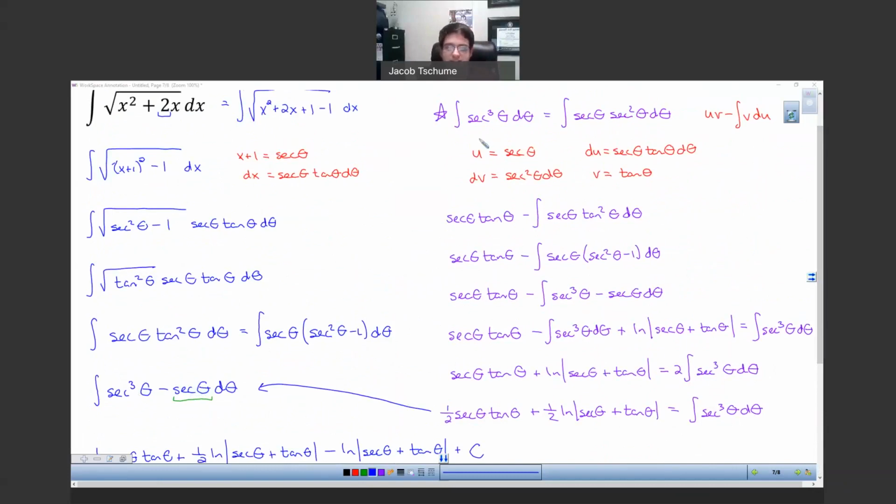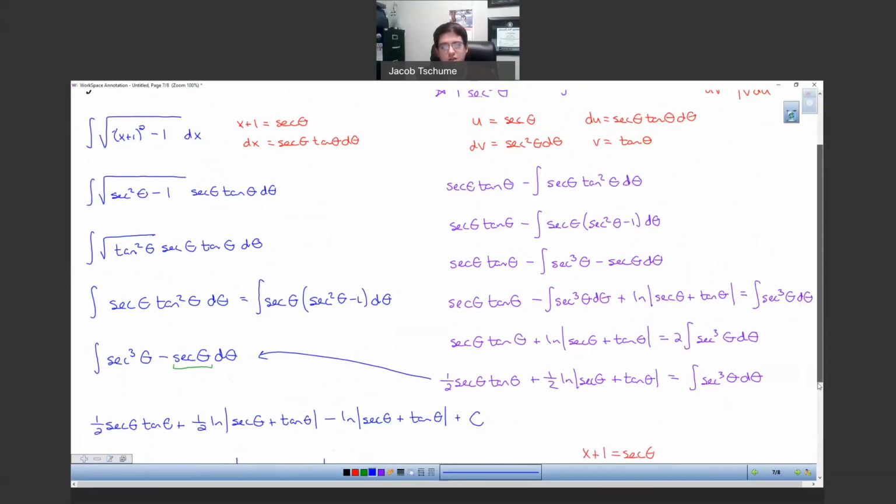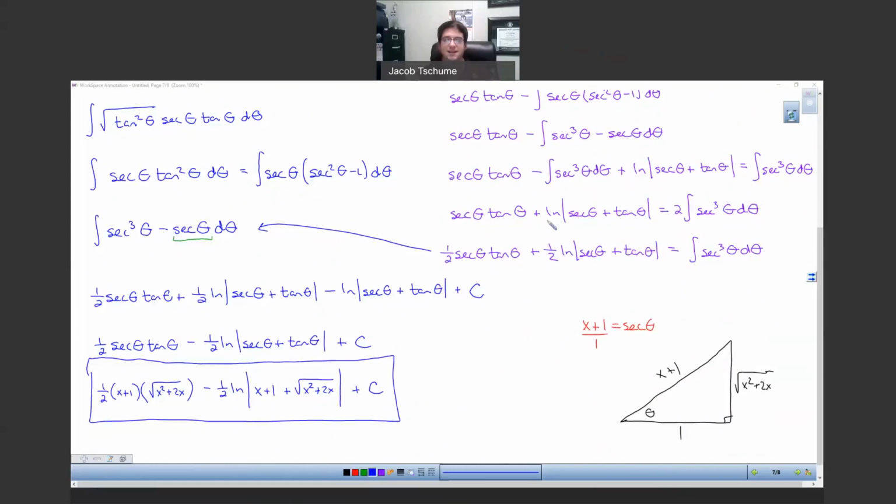So I brought the secant cubed up here, and we had to use integration by parts to get all the way down to the bottom of the purple text. And then I substituted, after finding the cyclical integration, that along with the integral of the secant I left behind in, combined like terms, and then I did my resubstitution to get my answer back in terms of x. And that is your final answer to number 4.